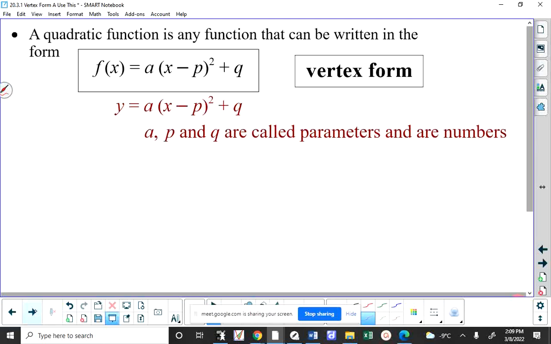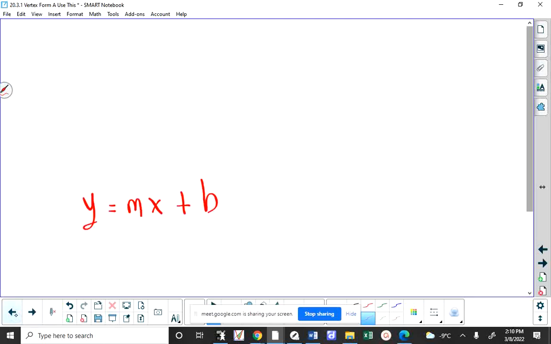This thing, and this is in your notes, this y equals a times x minus p quantity squared plus q is called the vertex form of a quadratic function. And by the end of today's lesson, you should understand why it's called the vertex form. You know how we can look at a linear function and you can tell me the slope is 2 and the y-intercept is negative 5.